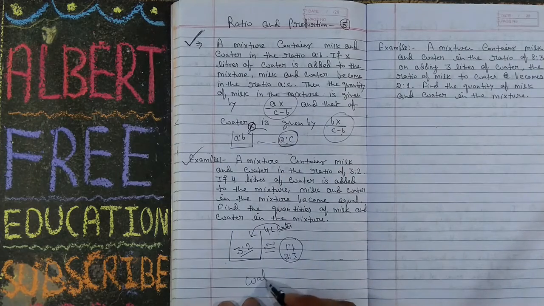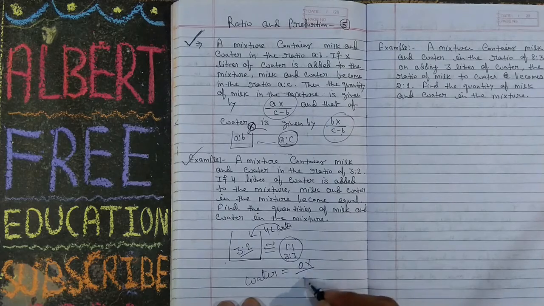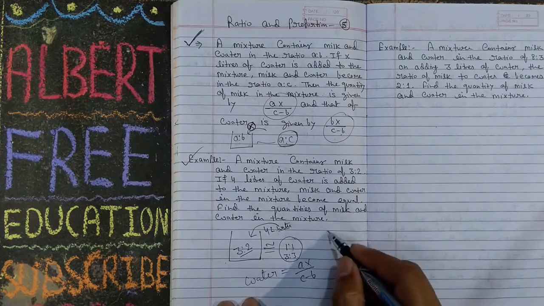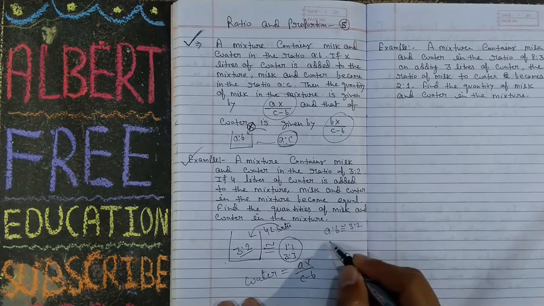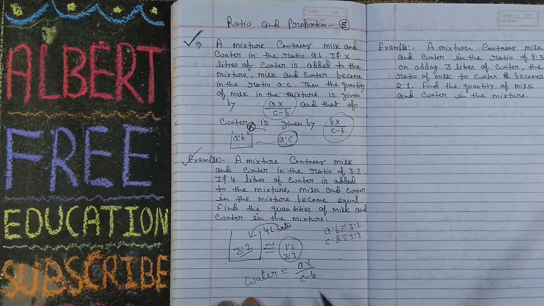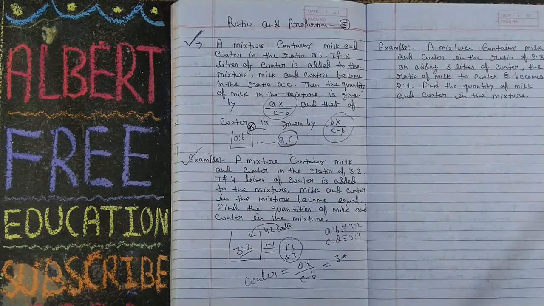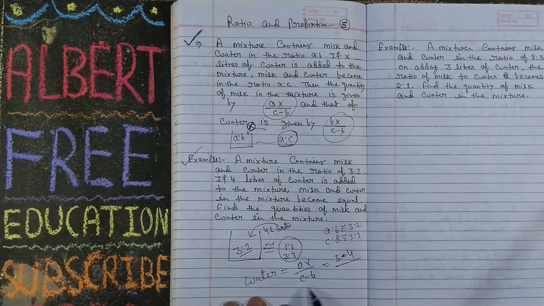The milk is equal to AX upon C minus B. Your A:B is 3:2, and C:D is 3:3. So your A is 3, and what is X? How much water you will add? 4 liters. This is your X this time.